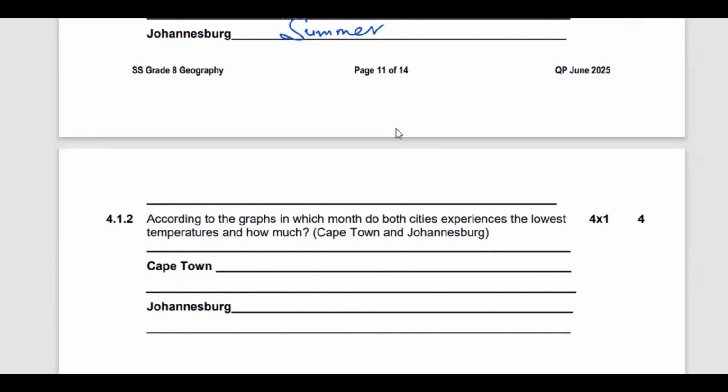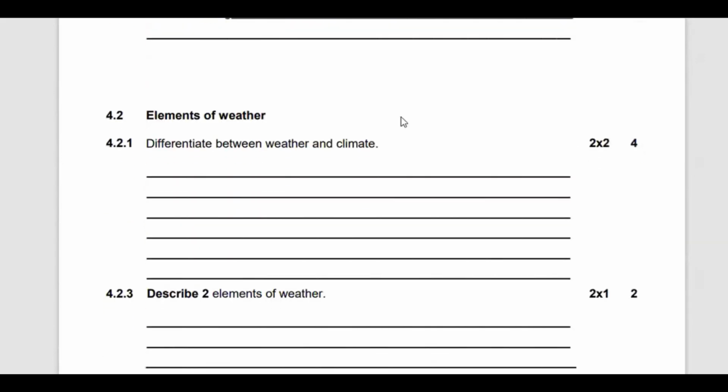Then, according to the graphs, in which month do both cities experience the lowest temperatures? That is June. It's also June.